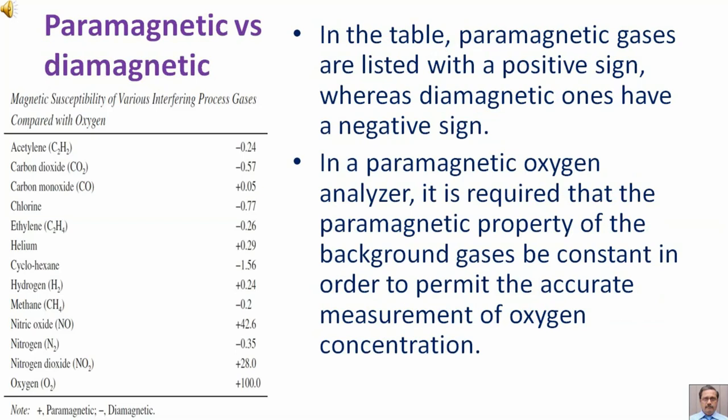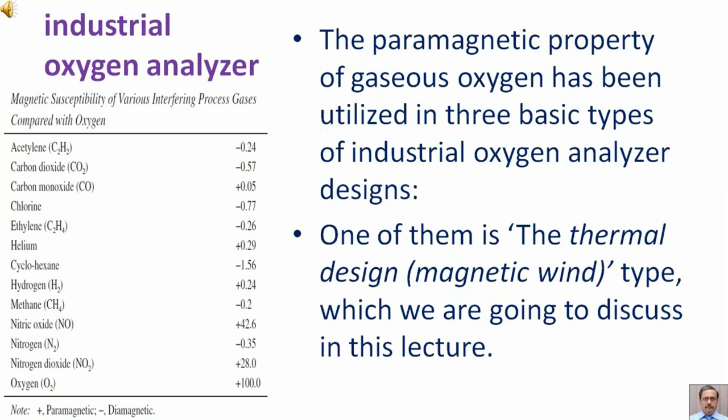In a paramagnetic oxygen analyzer, it is required that the paramagnetic property of the background gases be constant in order to permit the accurate measurement of oxygen concentration. The paramagnetic property of gaseous oxygen has been utilized in the three basic types of industrial oxygen analyzer designs.